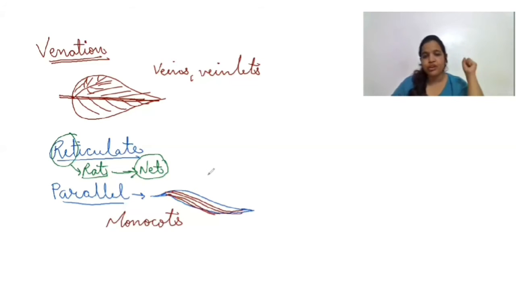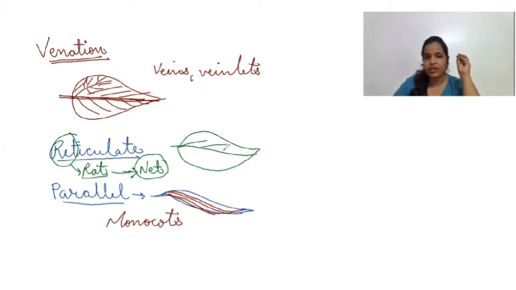Once you complete watching this video, go into your surroundings where the plants are there. Take out a leaf. If it is a dicot leaf, it will have such kind of arrangement of the veins and veinlets. I'll show you. This is the main one. Now, these are the branches, and further the branching will be done like this, where the net will be formed. You can easily see these nets.